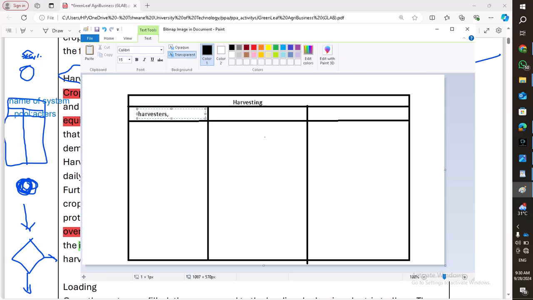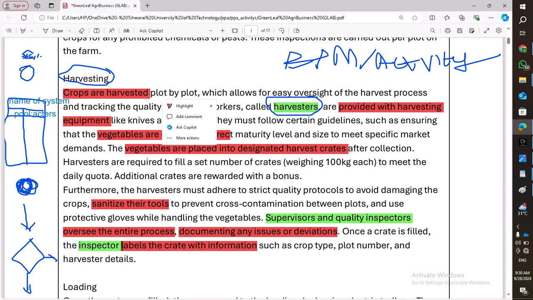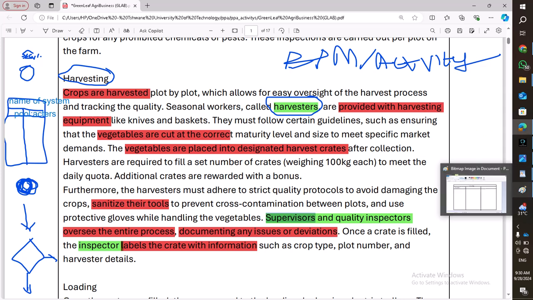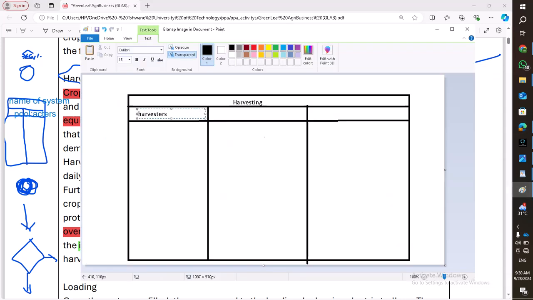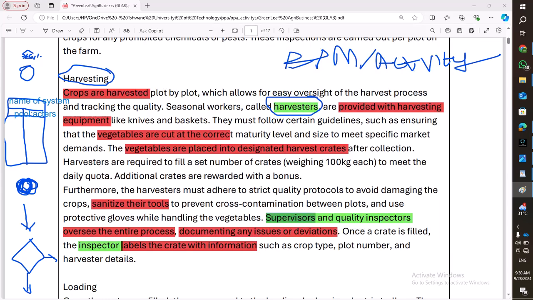These are the harvesters, and then the other actors, the supervisors, and also the quality inspectors.